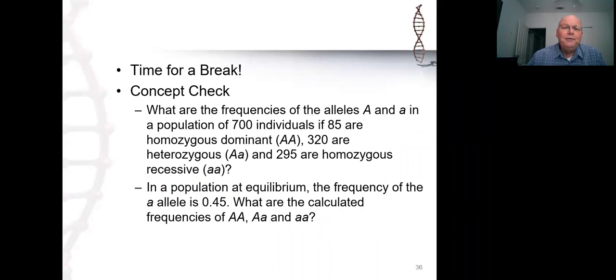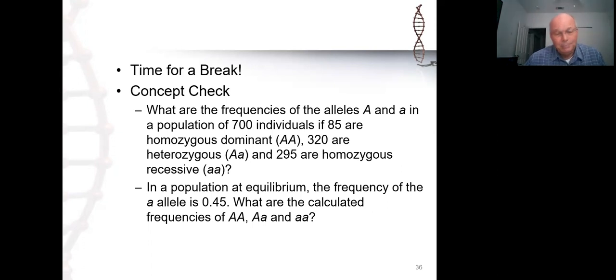So another quick break with some concept check questions. So these are Hardy-Weinberg questions. Number 1: What are the frequencies of the alleles for big A and little a in a population of 700 individuals, if 85 are homozygous dominant, 320 are heterozygous, and 295 are homozygous recessive?